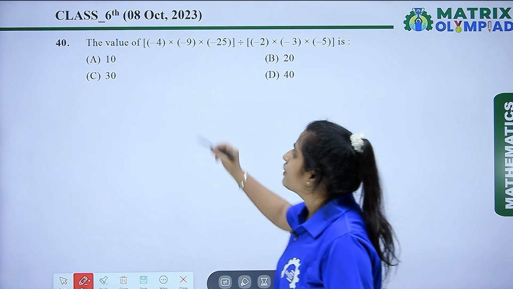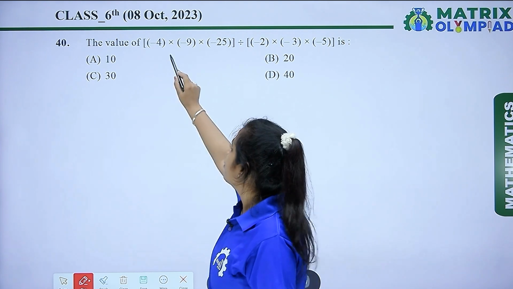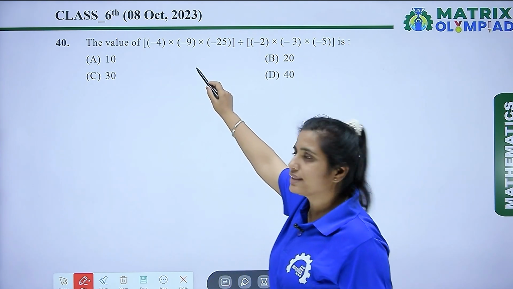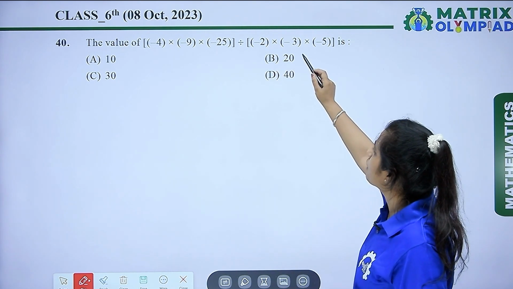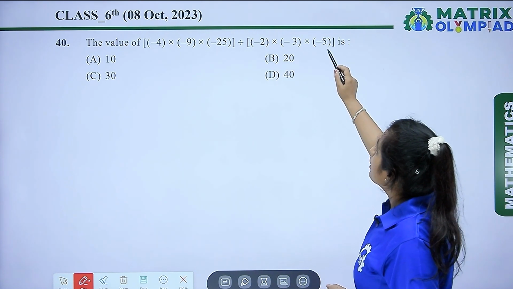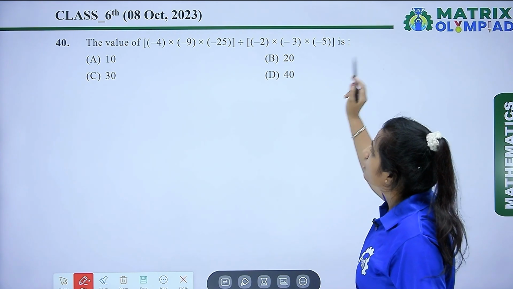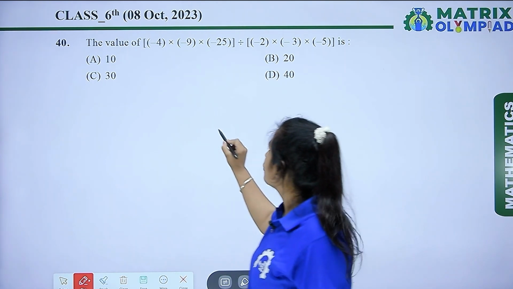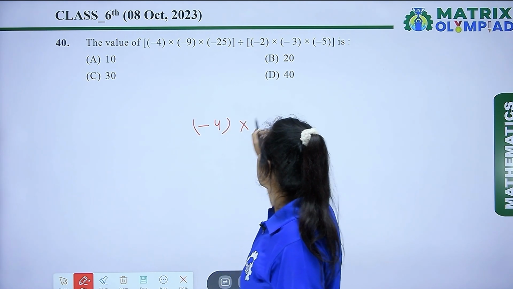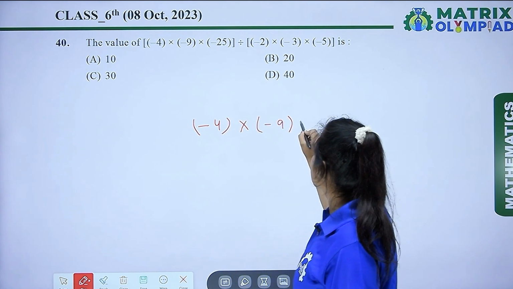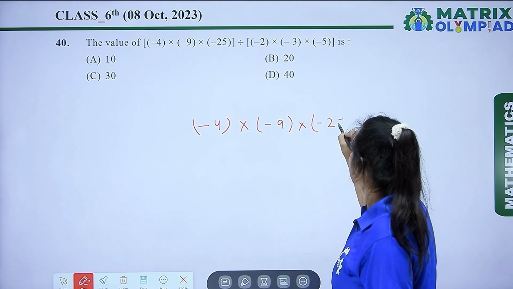Now in this question we have to find out the value of -4 multiplied by -9 multiplied by -25, that is divided by -2 multiplied by -3 multiplied by -5. Now let's check the answer. -4 multiplied by -9 multiplied by -25.